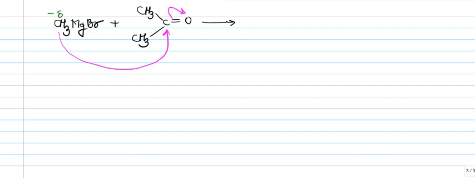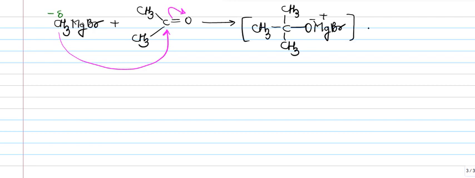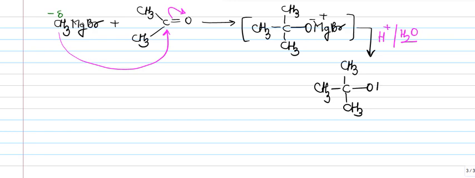So the first step, the nucleophilic attack, would give us CH3C(CH3)(CH3)O minus MgBr plus intermediate, and this upon hydrolysis, H plus and H2O, would give us CH3C(CH3)(CH3)OH plus MgBrOH.